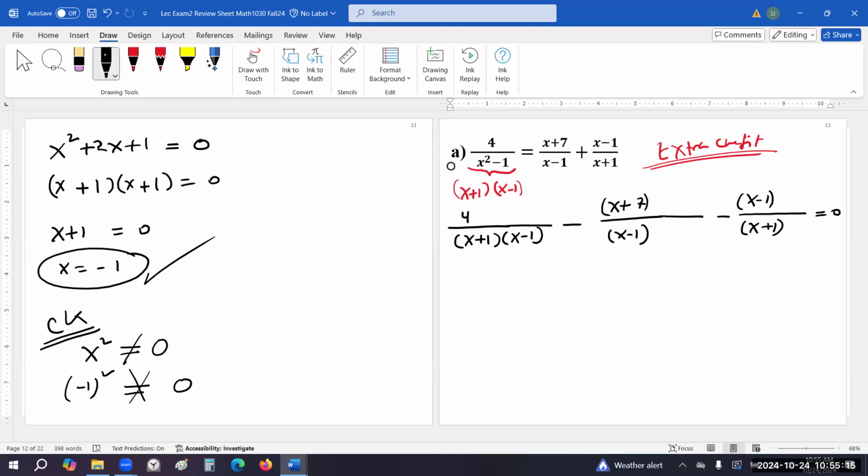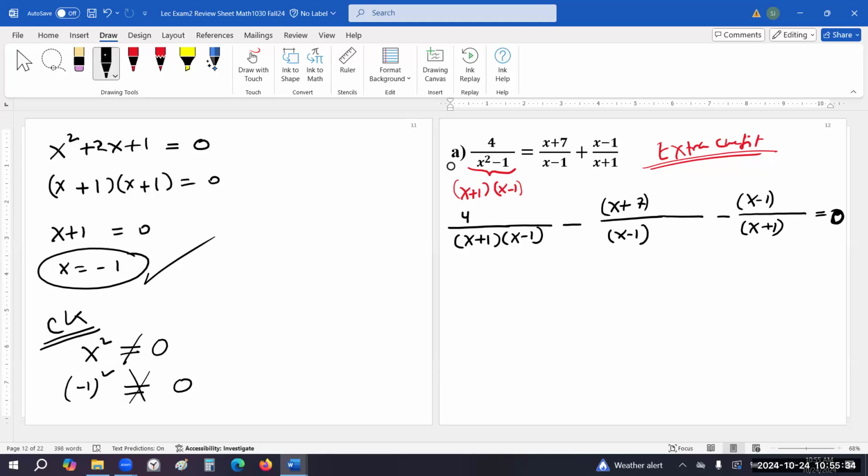So this is what we have. I brought everything to one side because solving means 0 on one side. You don't have to do that, but this is one of the easy methods. We bring everything to one side, we factor the denominator, so the other side becomes 0.